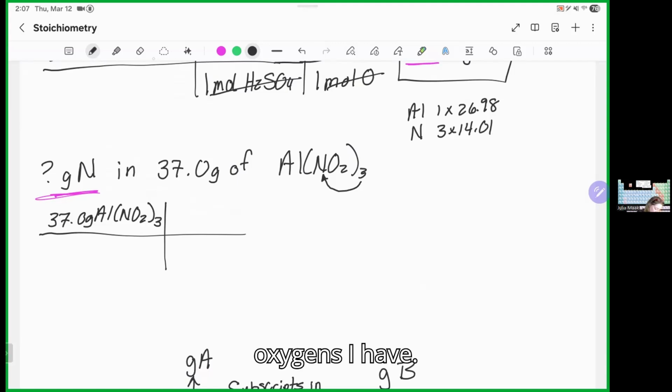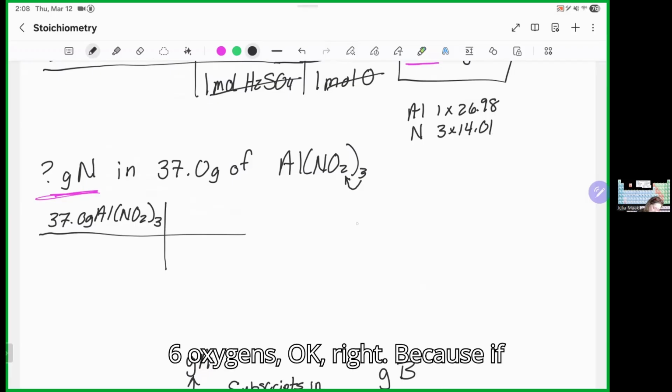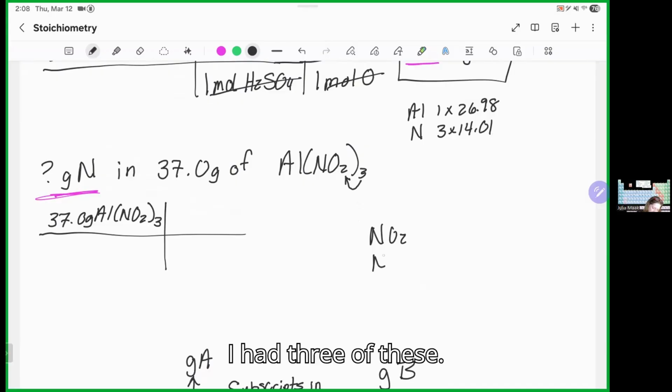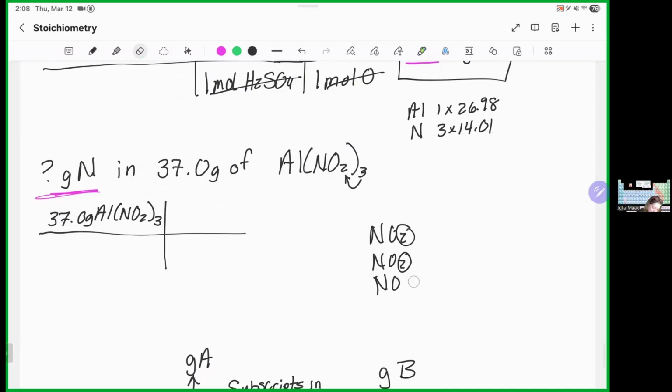And oxygens, I have 6 oxygens. Okay, right? Because if I had 3 of these, I have 6 oxygens, so 6 oxygens at 16 each.